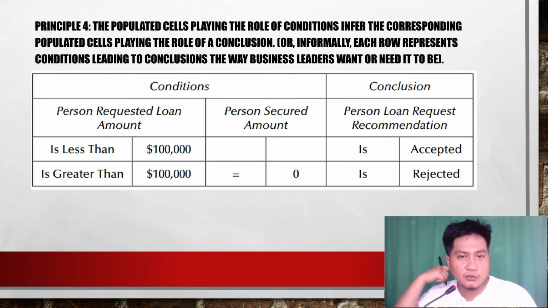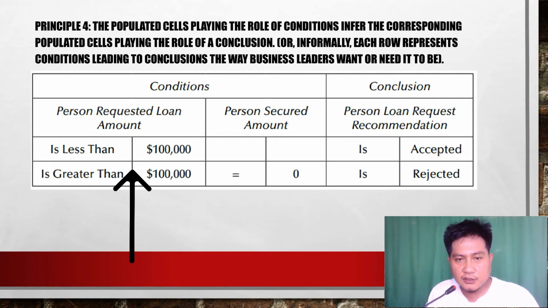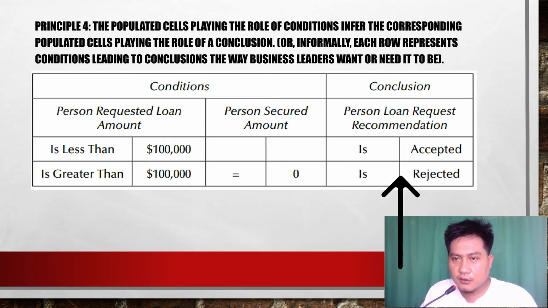So, to simplify, the thought is that the conditions under this first column and the conditions under this second column are the reasons or the basis of the content of the third column here.